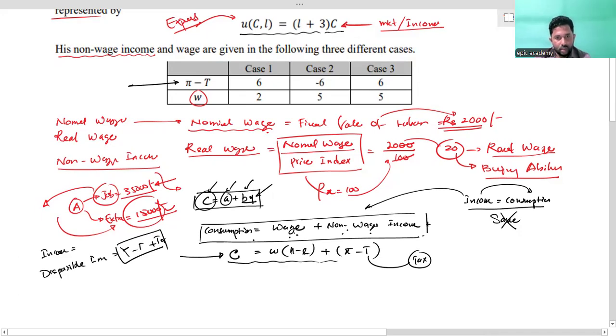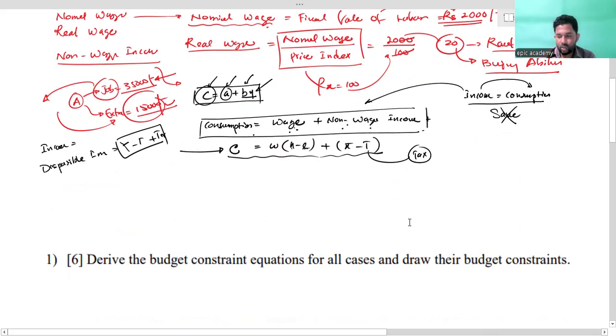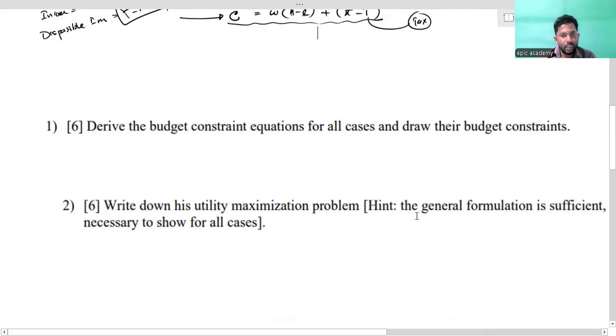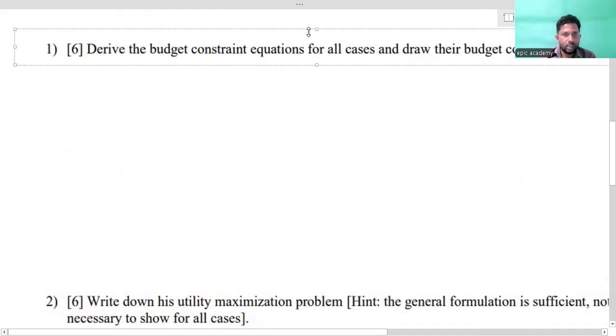So we have created the equation: C equals W within brackets H minus leisure, where H means how many hours there are to work, plus 5 minus T, where T means taxes. This is the methodology: you have to develop the equation before calculating the consumption and any other things.